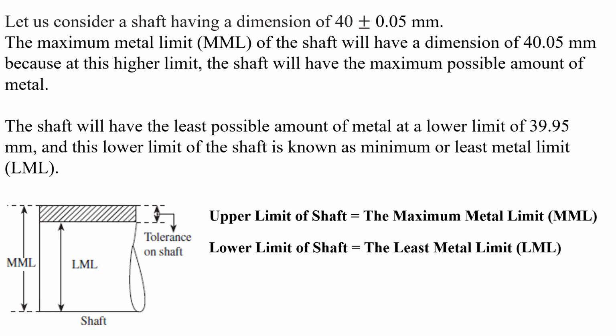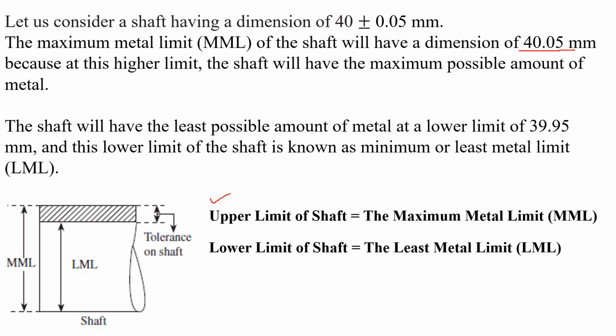Then the maximum metal limit of the shaft will have the dimension of 40.05 mm, because at this higher limit the shaft will have the maximum possible amount of material. So maximum metal limit for the shaft is the upper limit of the shaft. So here the upper limit of the shaft is 40 plus 0.05, that is 40.05 mm.